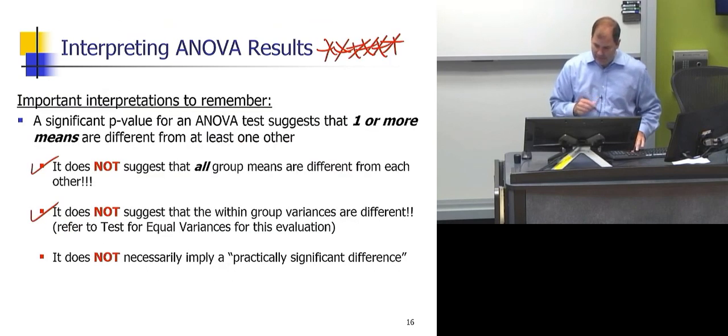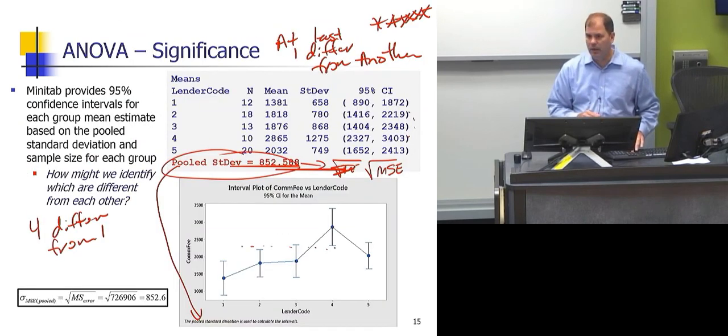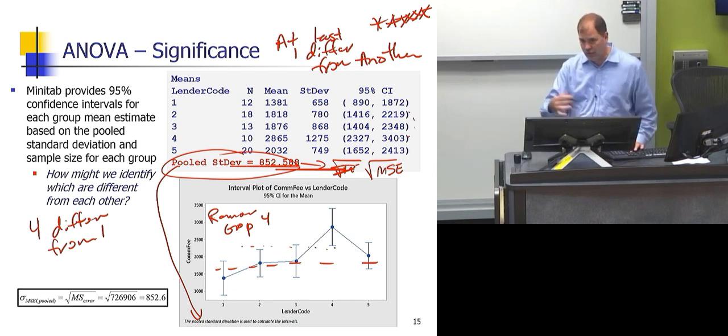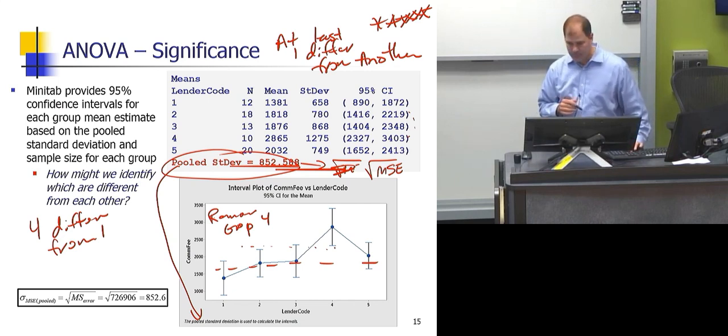If you were to look at the following graph, which one might you pull out? I might pull out group 4. The other ones appear to be the same. Just visually, I might do that.